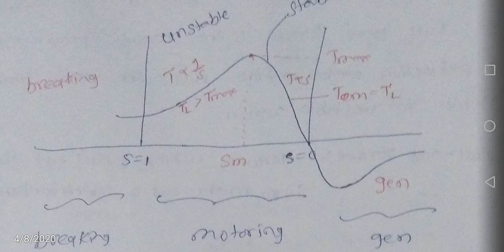When slip equals 1, Nr equals 0. So slip varies from 0 to 1, and speed varies from Nr equal to 0 to Nr equal to Ns.